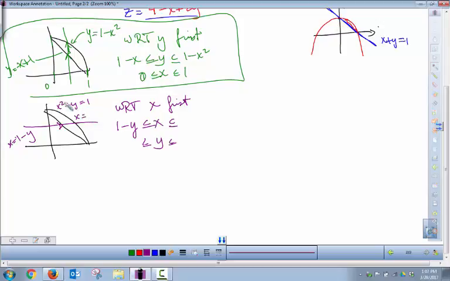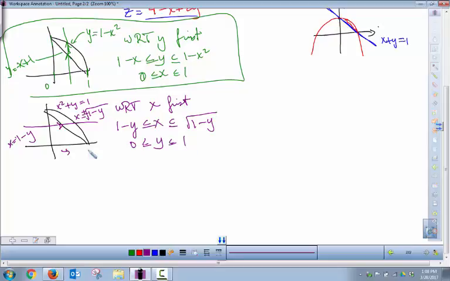You would bring the y over to the other side, and you would take the square root. Now when you take the square root, there's a plus and minus, so you have to decide which one it is. Is it the plus or the minus? It's the plus because this is where x is positive, right? So you got 1 minus y, which is a slightly more complicated limit to mess around with.